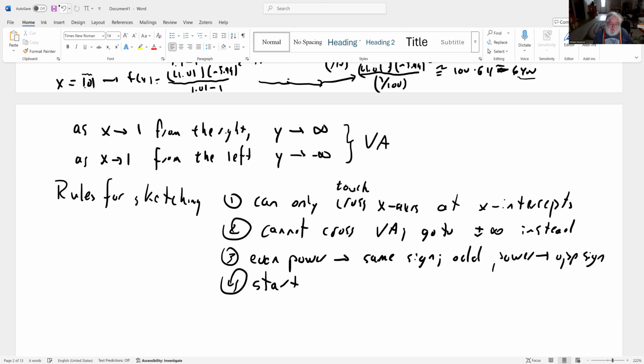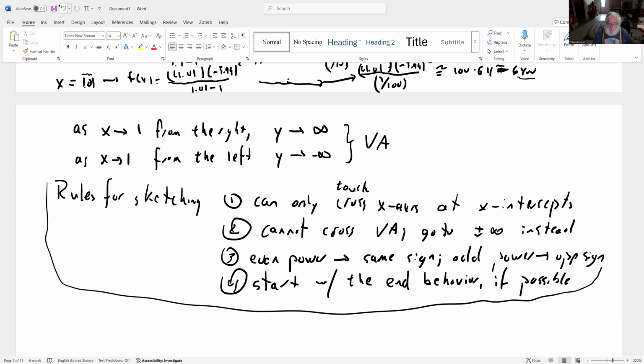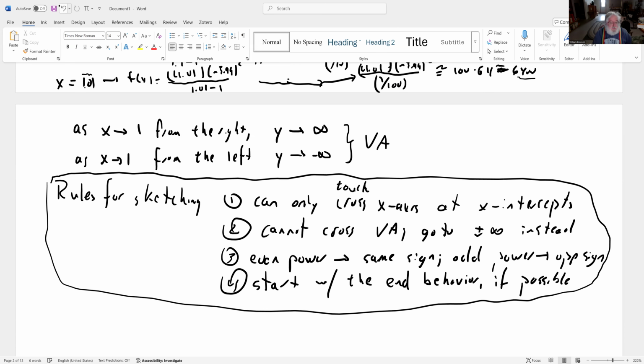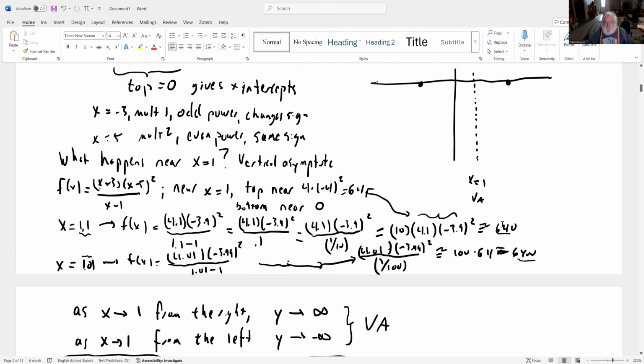And the last thing is start with the end behavior, if possible. So those are the rules for sketching rational functions. And we'll add a couple of other rules later.